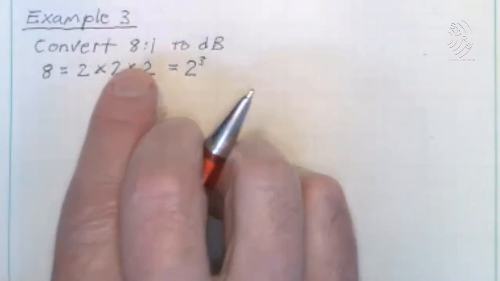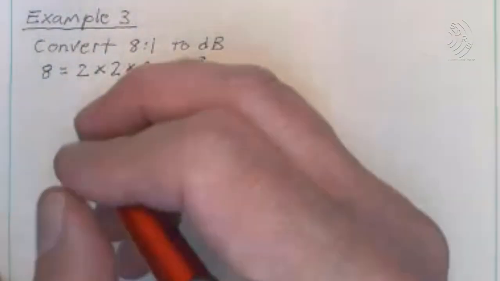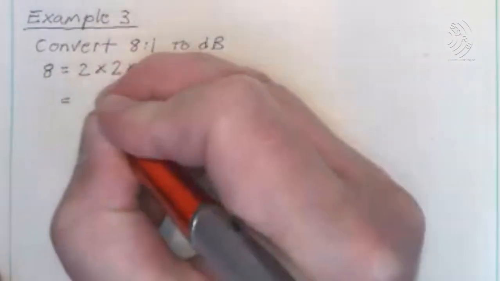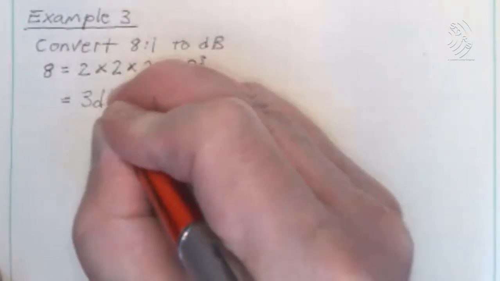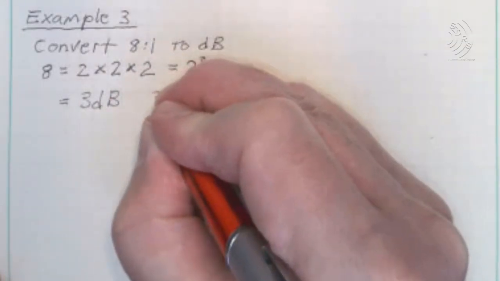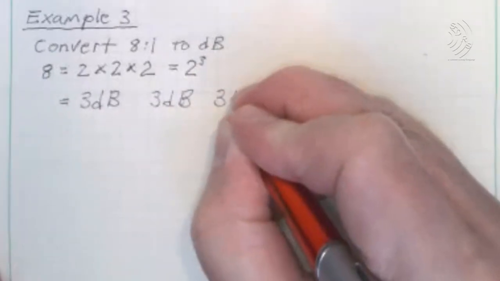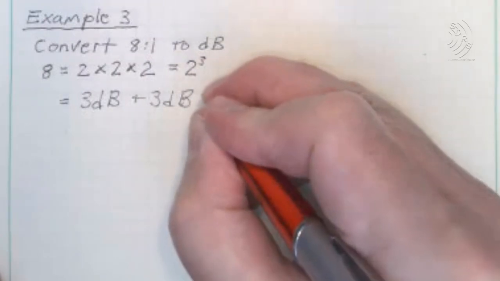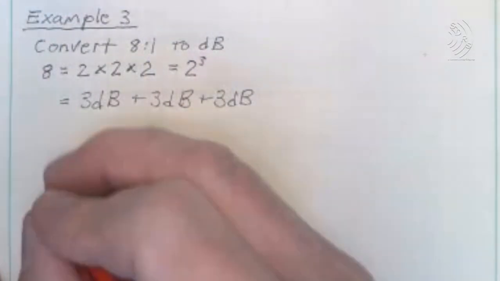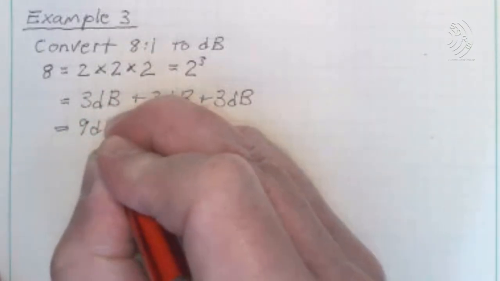So 2 multiplications, but 3 factors, each equal to 2. In decibels, this is, again, 2 can be represented by 3 dB. So we have 3 dB, 3 dB, and 3 dB, and we replace multiplication with addition. So we can see that this is 9 decibels.